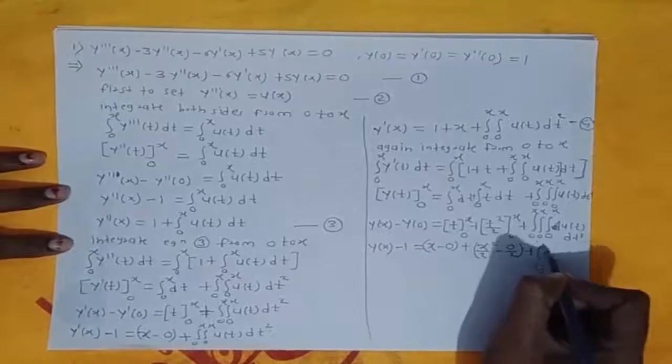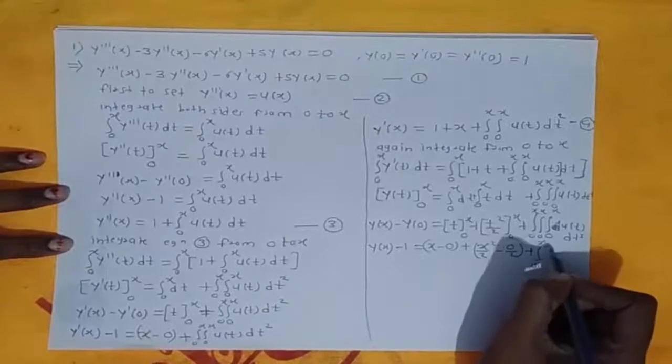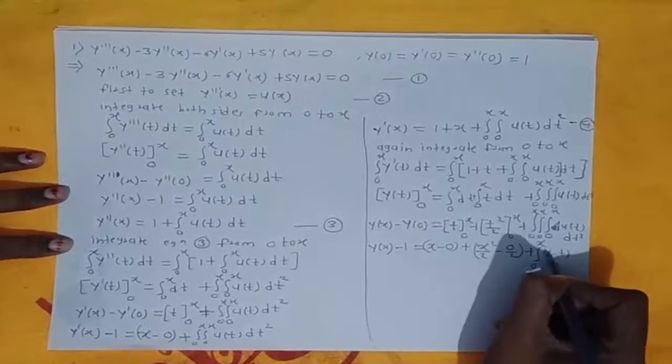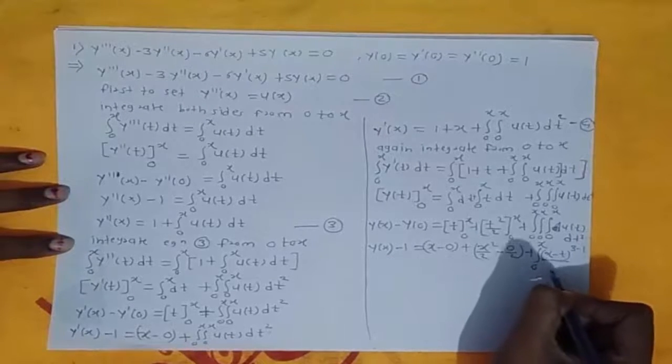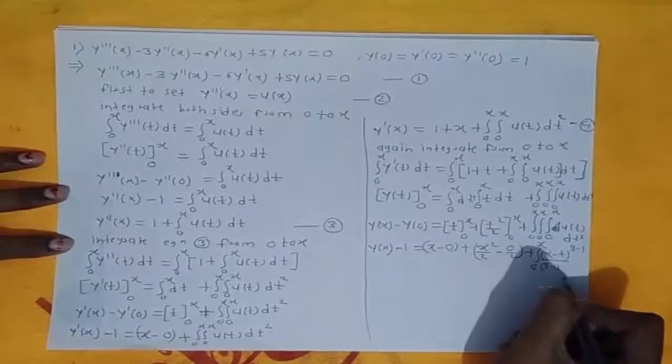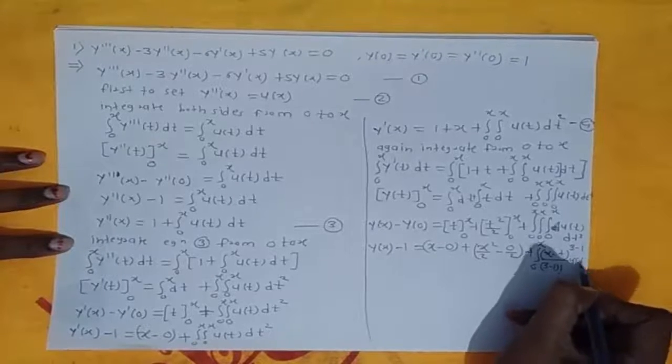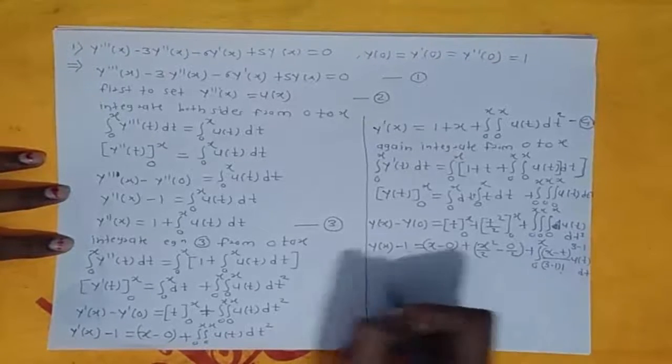Then we get, by using that formula, 0 to x, (x minus t) raised to 3 minus 1 divided by (3 minus 1) factorial into u of t dt.